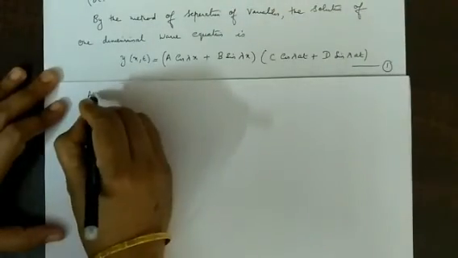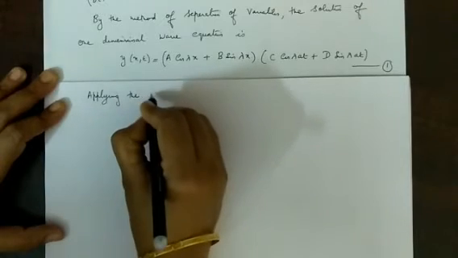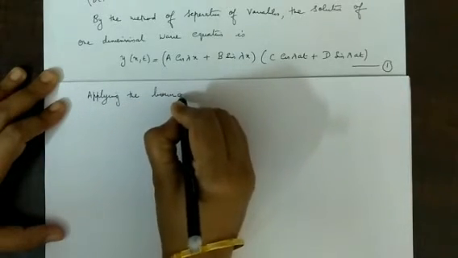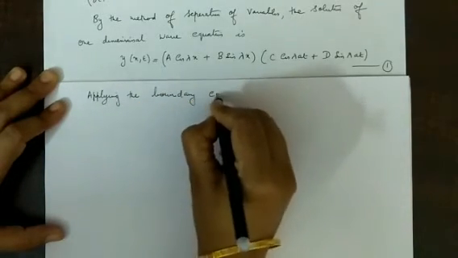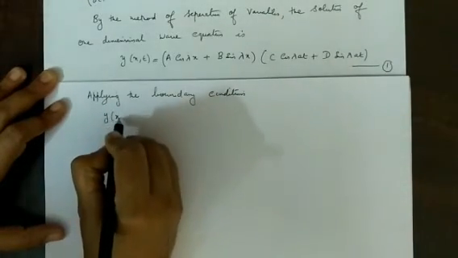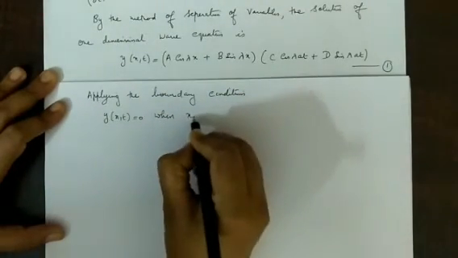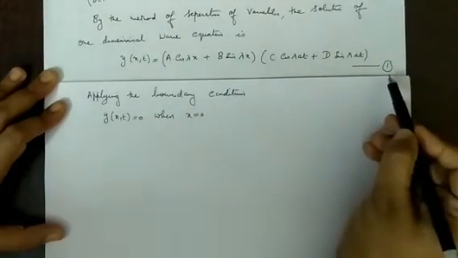Applying the first boundary condition, that is y(x,t) = 0 when x = 0, in equation number 1.